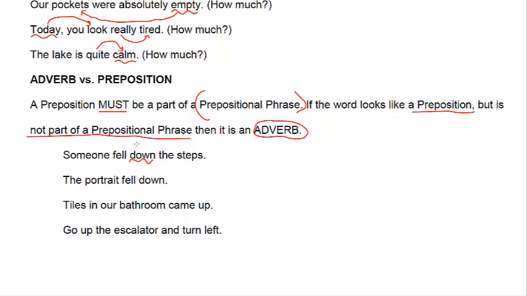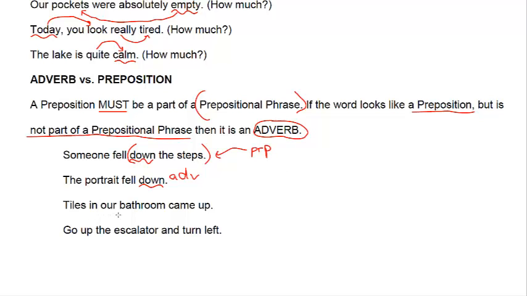Someone fell down the steps. That is in a prepositional phrase, right? However, we have this word down here, and it is not part of a prepositional phrase. It tells where the portrait fell. So this down is actually an adverb there, whereas this down is a prep.